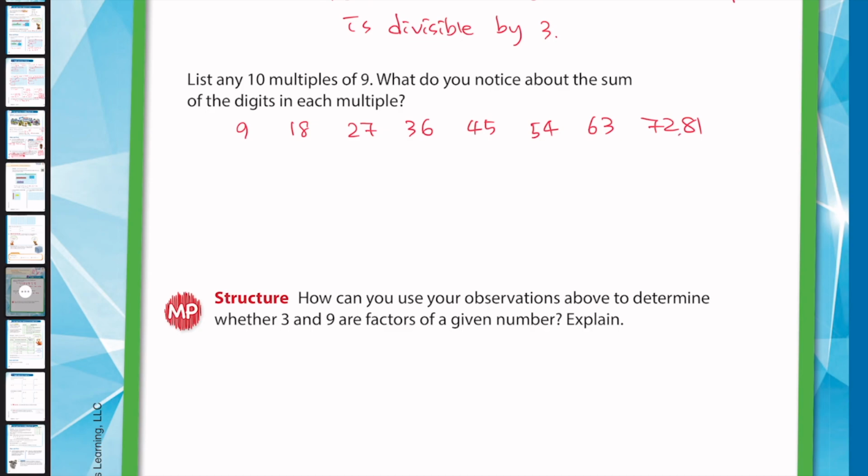Now, same thing. What do you notice about the sum of the digits in each multiple? It is 9 every time. The sum of the digits is divisible by 9.